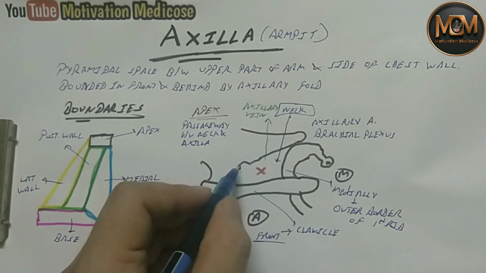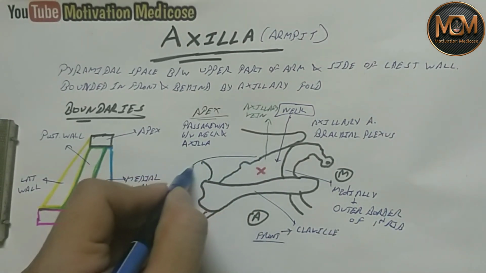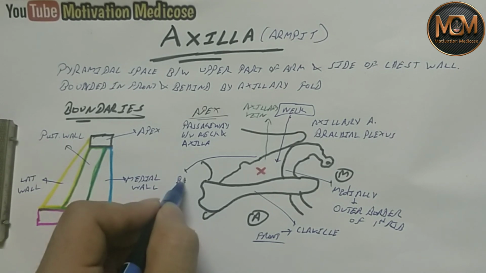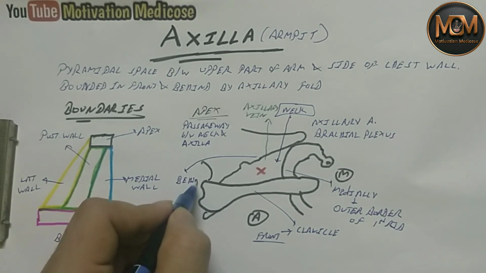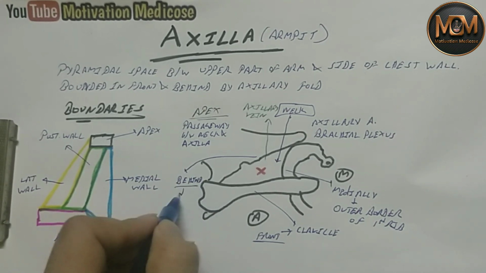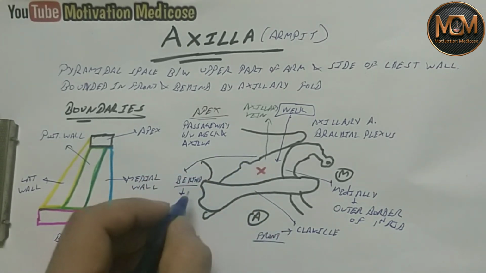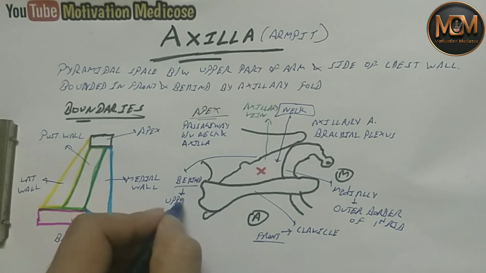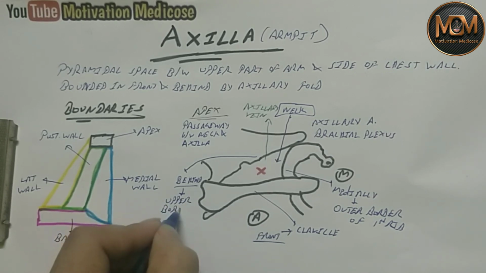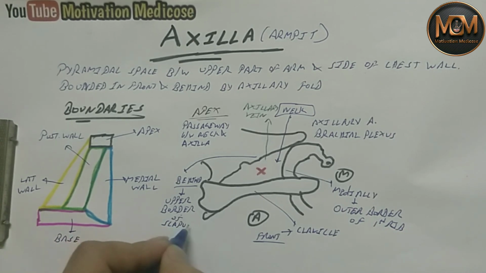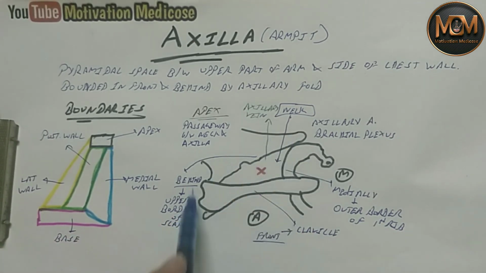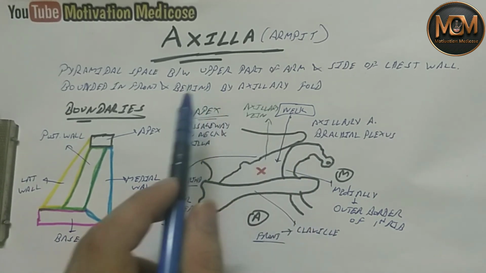And behind is the upper border of the scapula. So these are the boundaries of the apex of axilla.